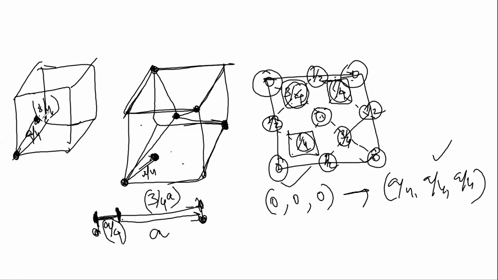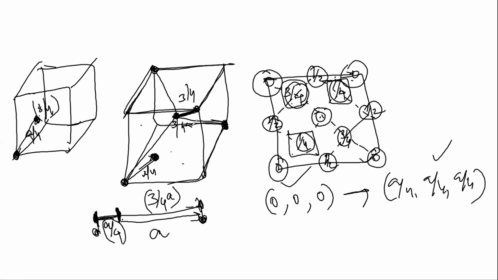Right? Similarly, if it is a by 4 for this atom, what about the other atom? How much distance would it be? It would be at 3/4 of a. Okay. So that defines the height above the base of the unit cube edge. That gives you 1/4 or half or 3/4. That is the fraction which we are getting.